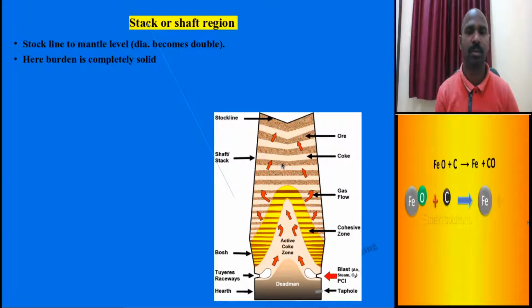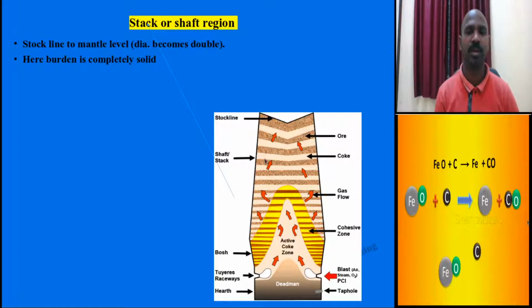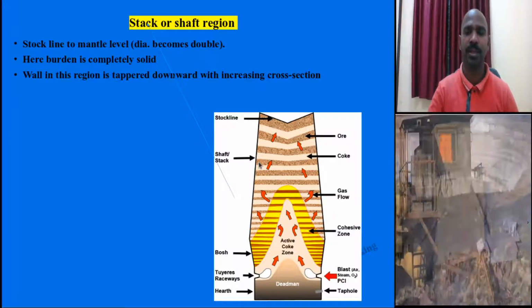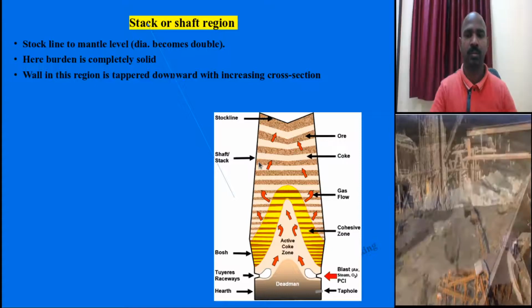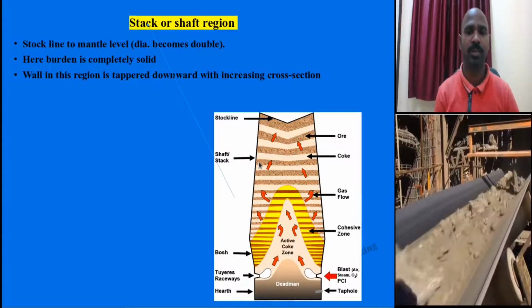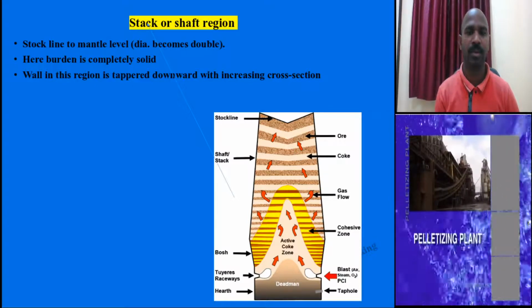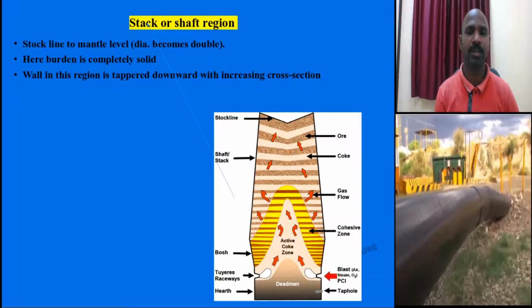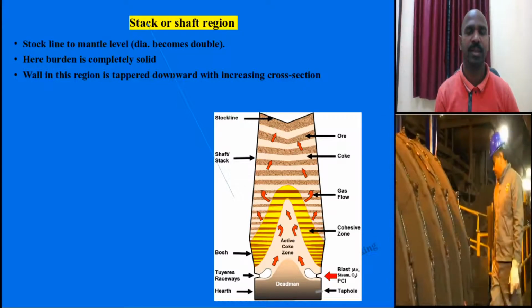Entirely the material is in solid state, either coke, iron ore or limestone. This complete burden, as the process proceeds and the hot air is pushed from the tuyeres, these gases, CO and CO2, will be interacting with the solid charge in the stack zone.